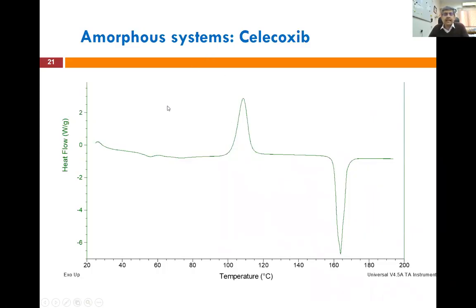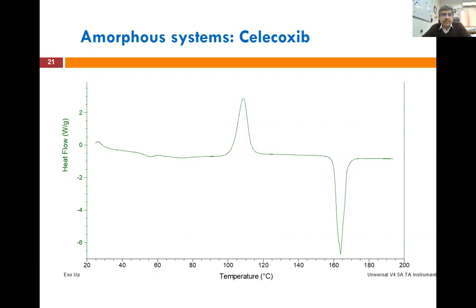Amorphous samples can be characterized for their glass transition temperature, and amorphous samples are those that lack the crystalline nature and have only a short range order of the molecules in their solid form. Amorphous systems are very popular because they can give you higher solubility and higher bioavailability.